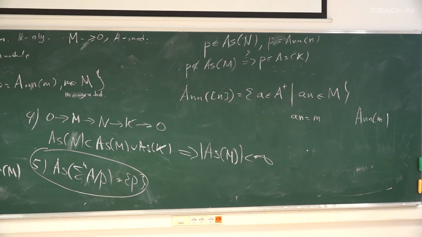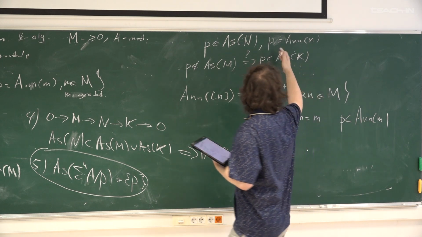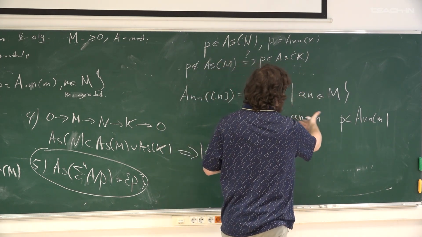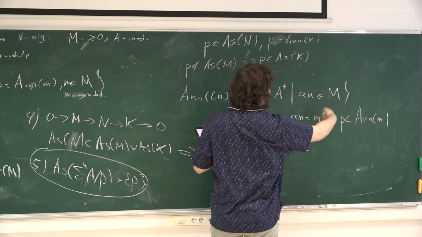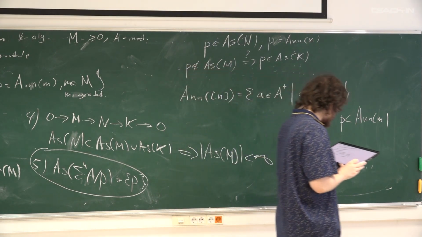Of course, if some element is in the annihilator of n and m is an, then the annihilator of n lies in the annihilator of m. So my annihilator of n lies in the annihilator of the product of n with something.